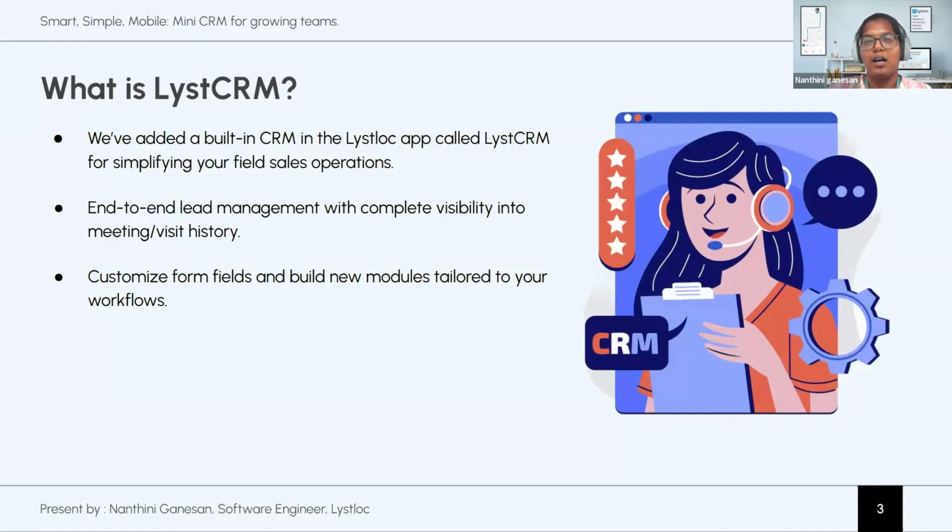We use different apps for different reasons, but that can be overcome here because you have so many things recorded. Every single transaction helps you know the history of each customer visit or lead. You can customize your own form and build new modules how you want for your own particular team.